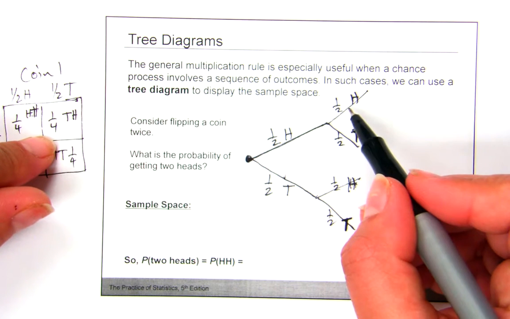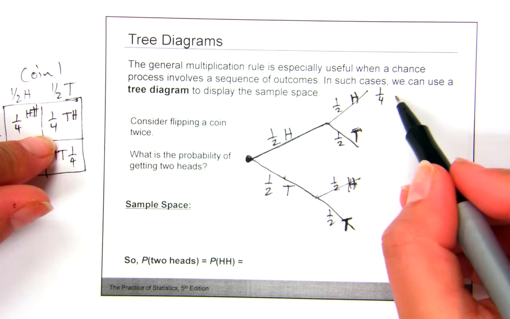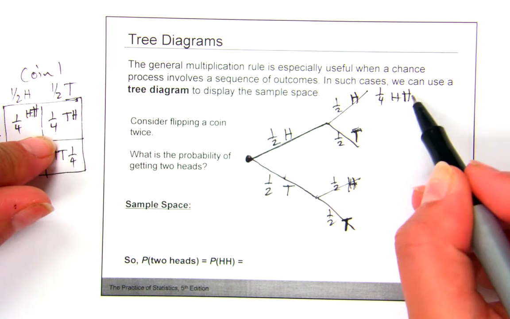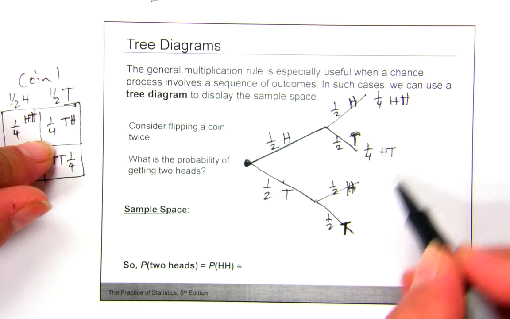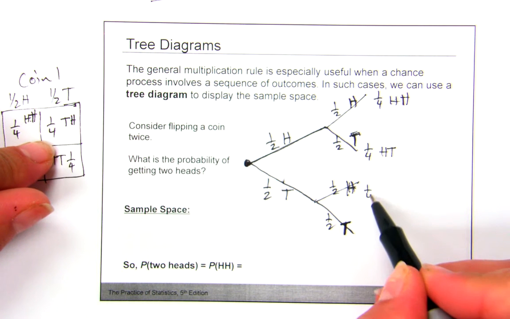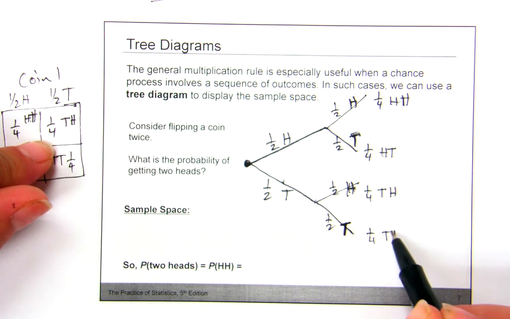Since it's equally likely, 1/2 multiplied by 1/2 gives you 1/4. So this is 1/4 probability of getting heads, heads. This is 1/4 probability of getting heads, tails. This is 1/4 probability of getting tails, heads. This is 1/4 probability of getting tails, tails.